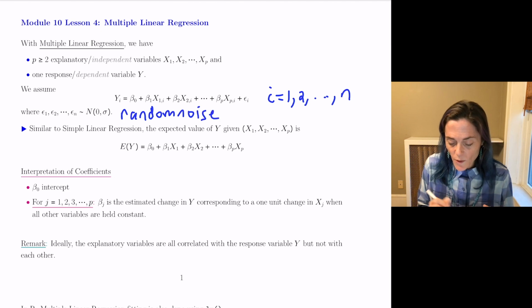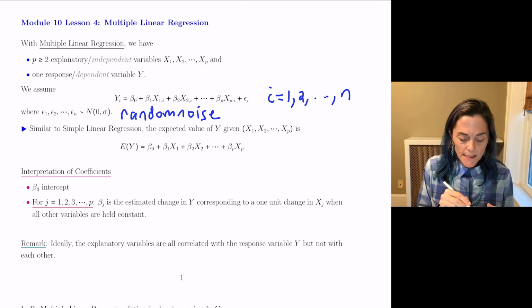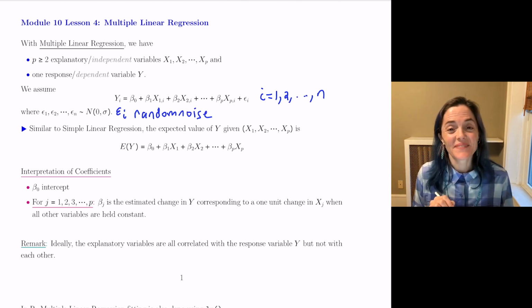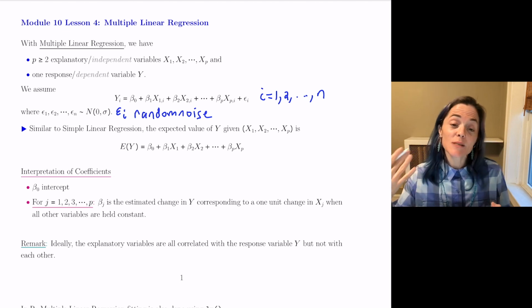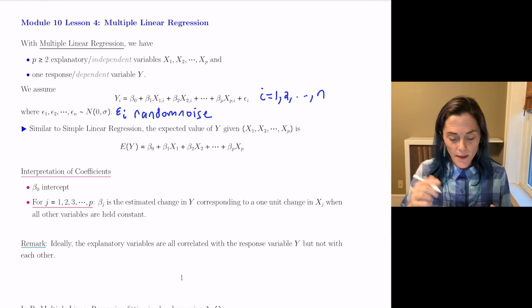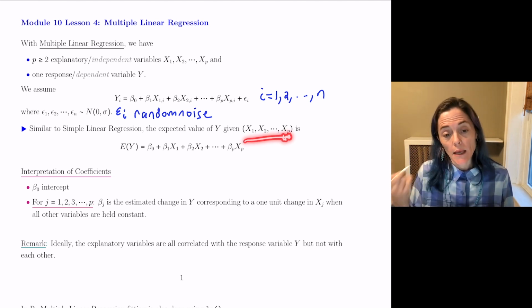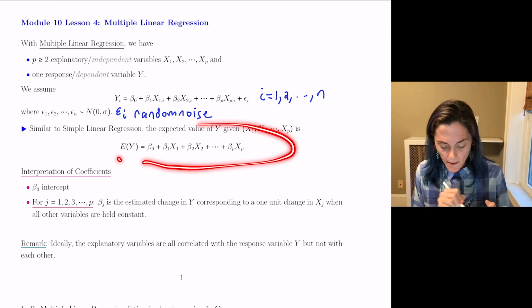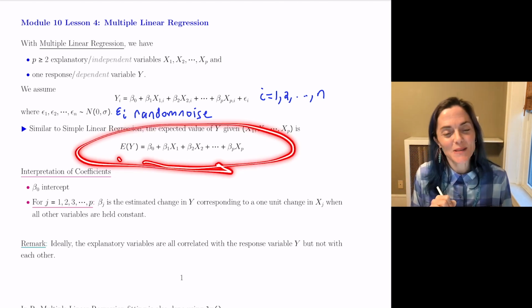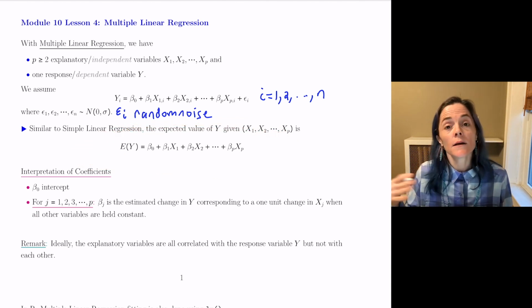It comes from the normal distribution, mean 0, standard deviation sigma. Similar to simple linear regression, the expected value of y or predicted value of y given some observed x1 through xp is here we take beta 0 plus beta 1 x1 plus beta 2 x2 out to beta p xp.